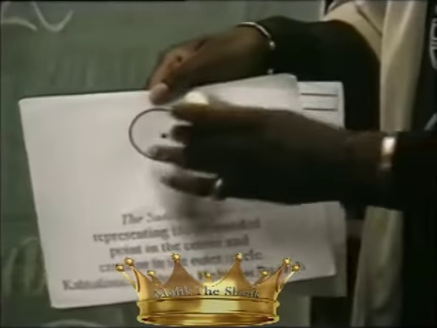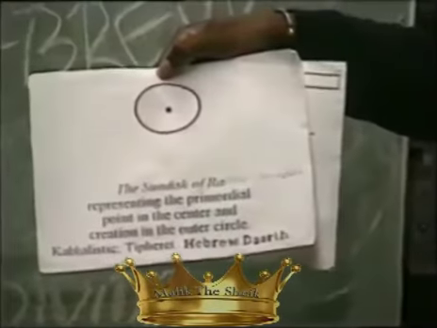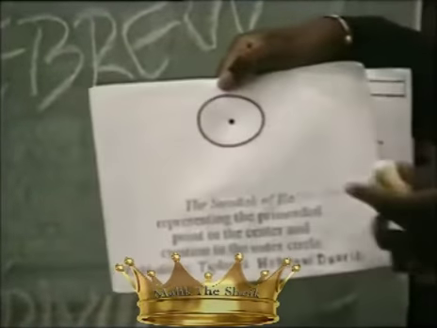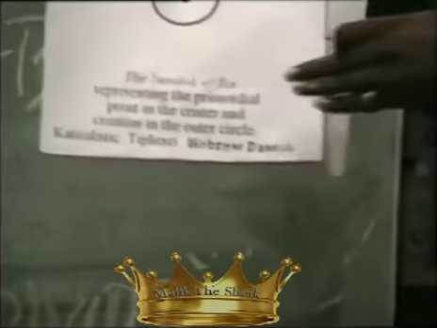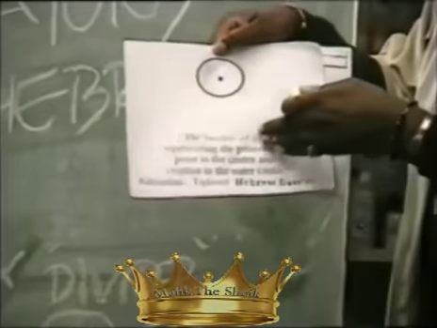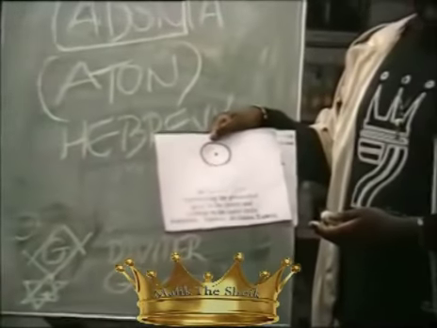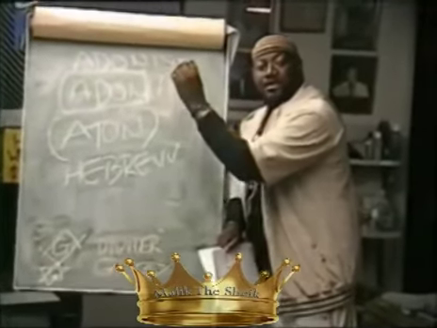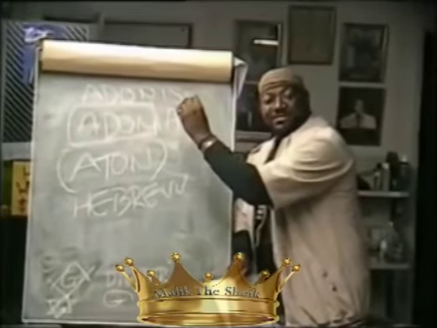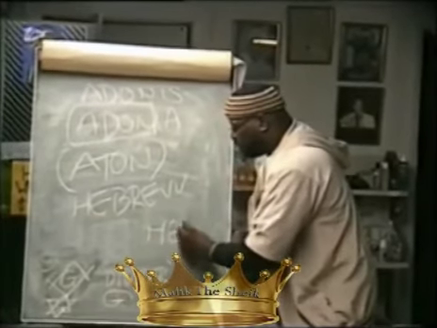And if you notice, the atom is 99.9999% empty space, and this is supposed to be filled with that photonic energy, that light. Why do you think they call it the sun disk, and then it's of Ra? Ra means light. And I told you before that the science behind so-called Jesus or Yahshua actually came from Heru.